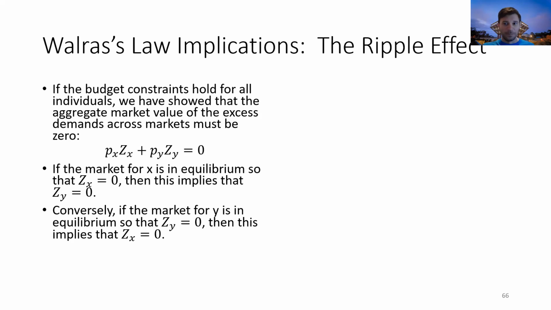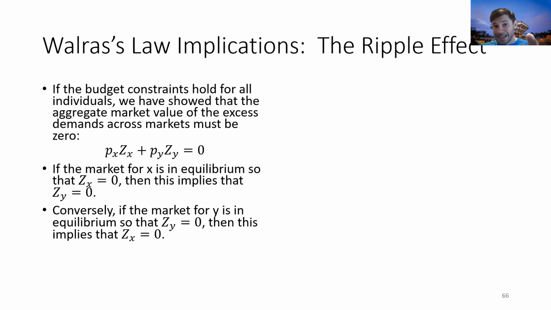And that's going to simplify our life quite a bit, because instead of me having to worry about solving each market equilibrium separately, I only have to worry about putting how many markets in equilibrium here? Yeah, just one. If one of the markets is in equilibrium, then both of them will be.